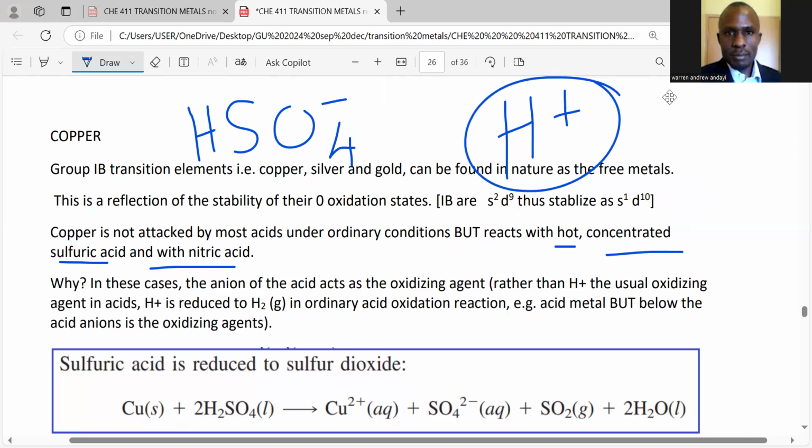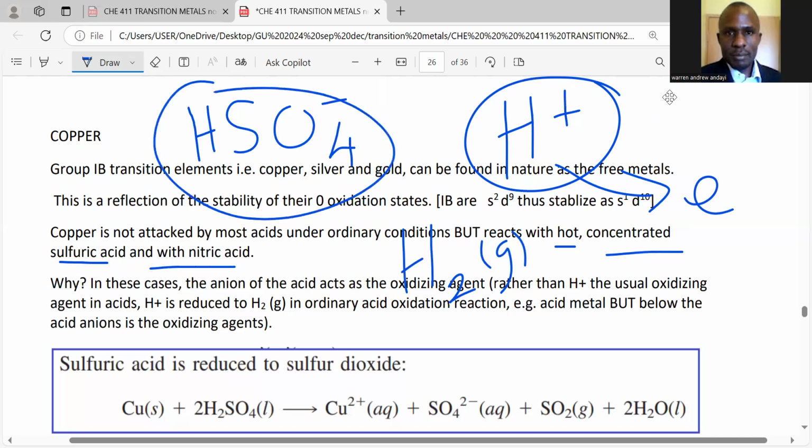Ordinarily, in most acids, H plus will be your oxidizing agent, the one that demands electrons. So it demands electrons from metals to give you hydrogen gas. But in this case, what is happening? It is this anion of the acid demanding electrons from the metal. Why is it so? It's because H plus is a weak oxidizing agent compared to copper metal.